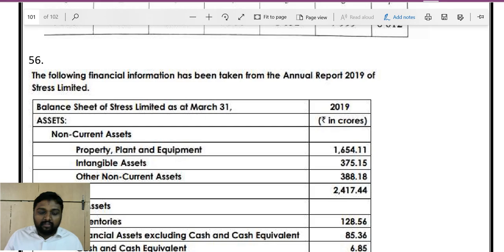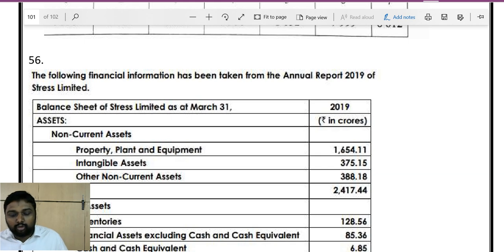The following financial information has been taken from the annual report 2019 of Stress Limited.